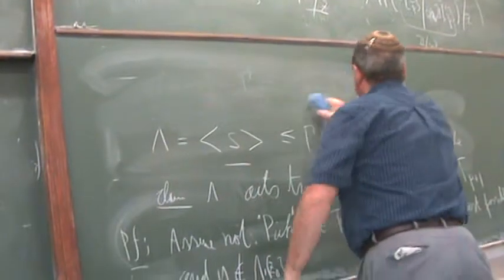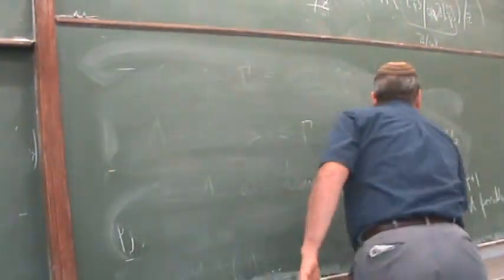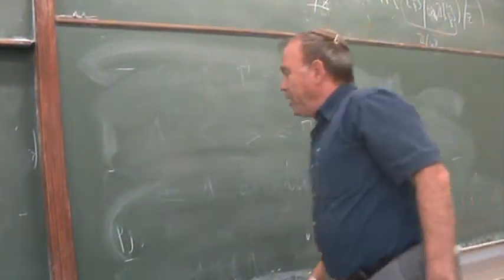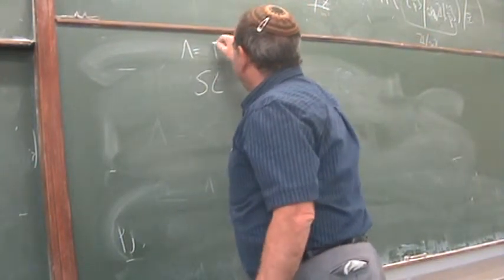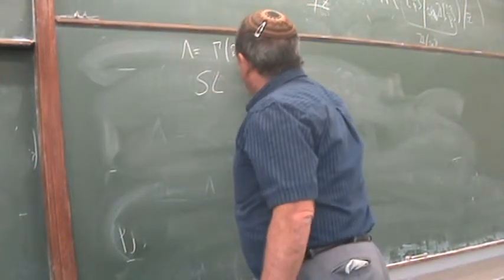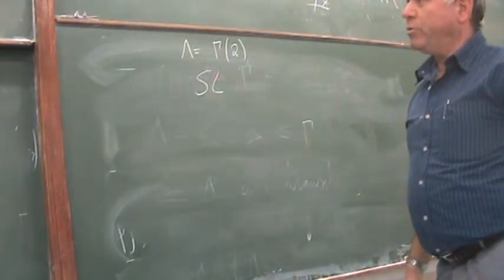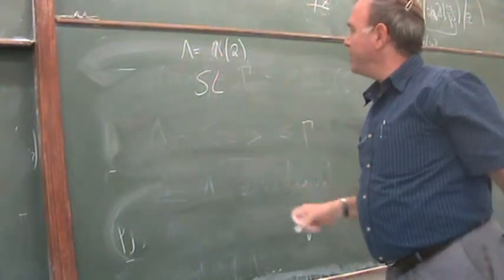Let me take you to a case you are more familiar with. Like something like SL3, if lambda 2 is really gamma 2, the congruent subgroup mod 2.